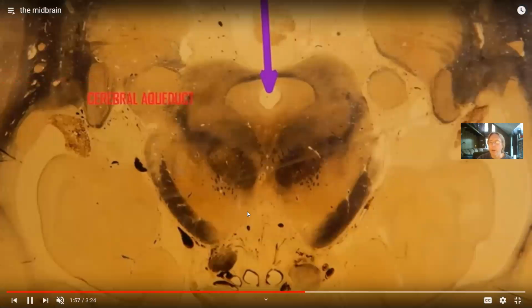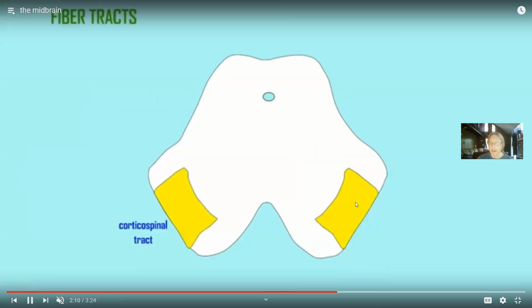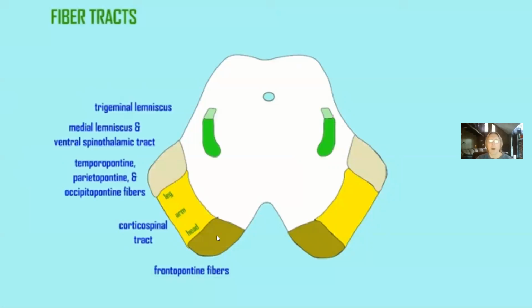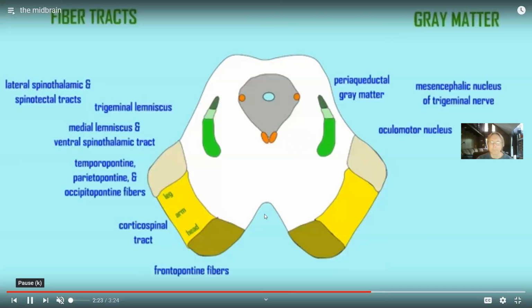And so there's a lot going on here, as you can see. So there's white matter. Once again, in these images, the white matter has stained black. So lots of fibers like the corticospinal tract, which is transmitting voluntary commands to skeletal muscle. But then there are other tracts as well. So this is all white matter, which goes through the midbrain.